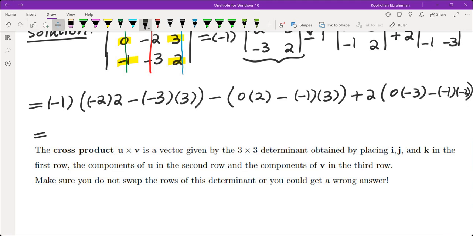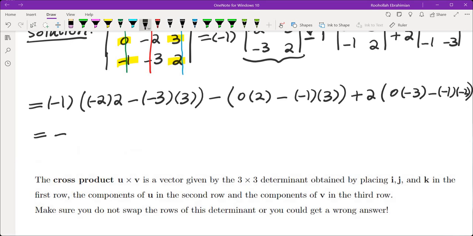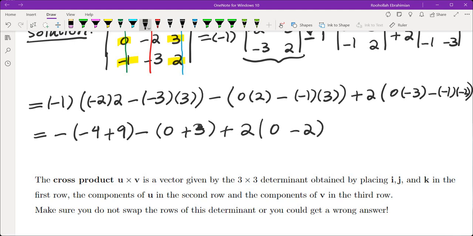And evaluating this, we get the final answer. So we get -4 minus -9, so that's plus 9, minus, that's 0. And here we get plus 4, plus 3, plus 2 times, that's 0, and that is minus 2. And this is pretty easy to evaluate.